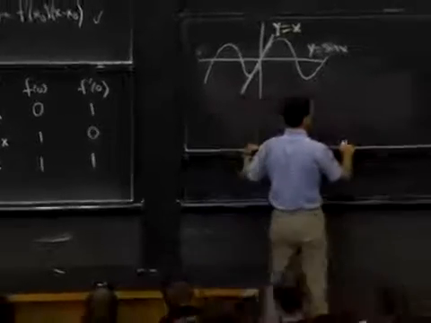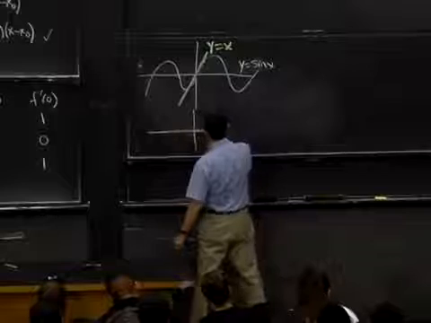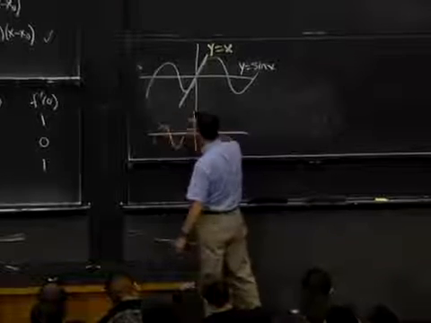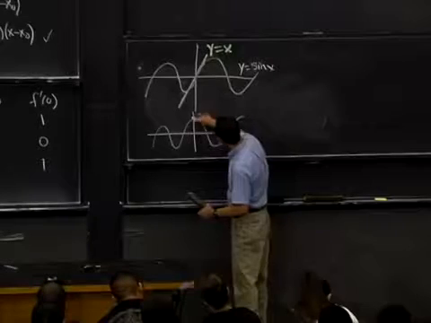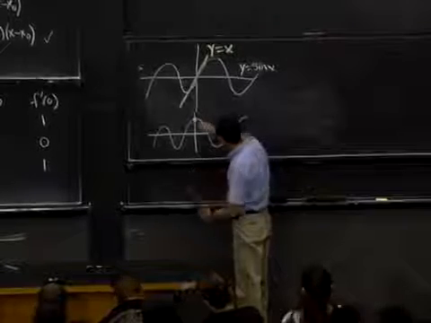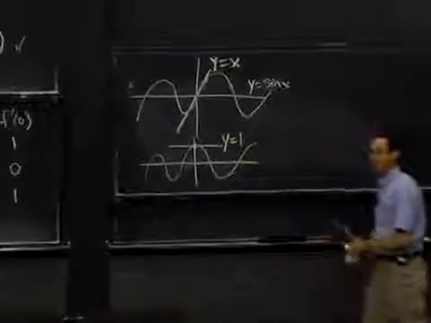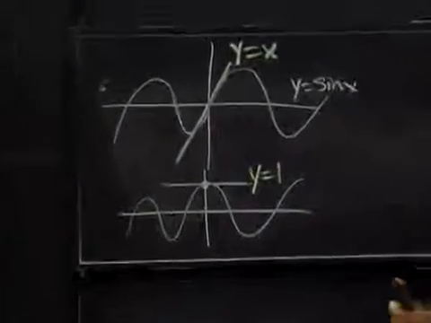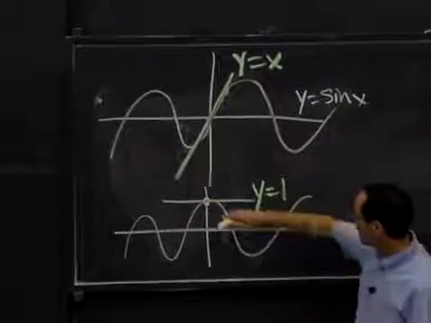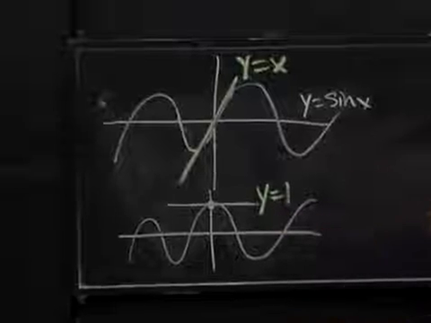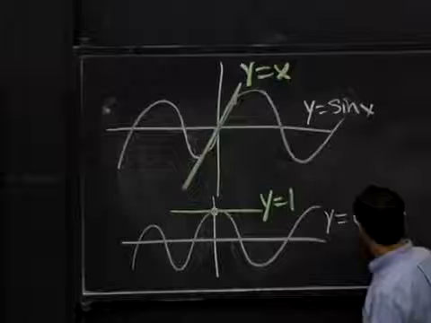The cosine function, I'll put that underneath, I think I can fit it. Make it a little smaller here. So for the cosine function, we're up here. It's y equals 1. Well, no wonder the tangent line is constant. It's horizontal, so the function corresponding is constant. So this is y equals cosine x.